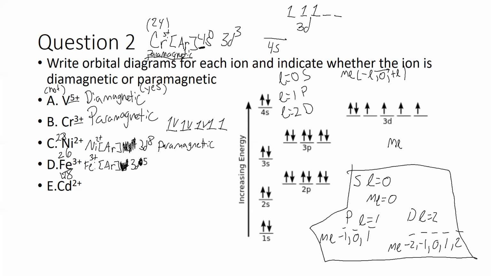So iron 3+ is argon 3d5. D orbital has 5 spots. 1, 2, 3, 4, 5. Remember, electrons want to be alone if they can. So your 5 electrons should not be paired up. So that's paramagnetic. To be diamagnetic, all have to be paired. Yes. If you have 1 unpaired electron, you are magnetic.